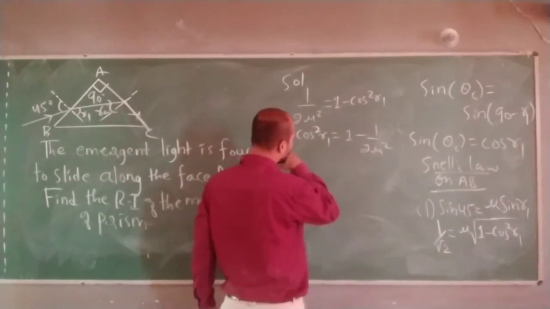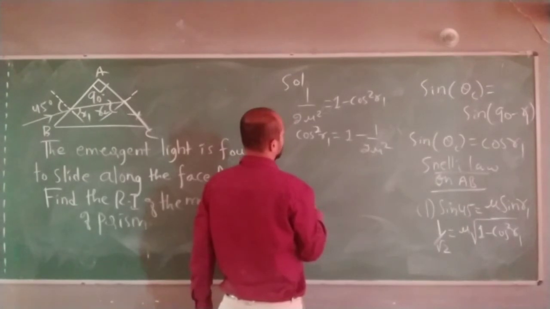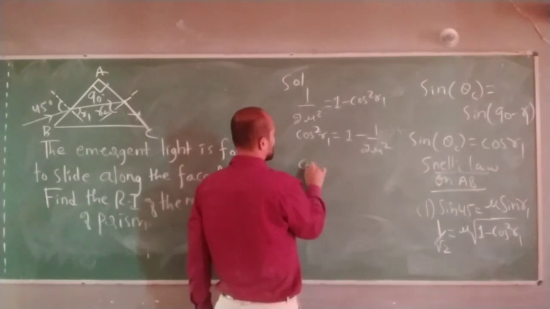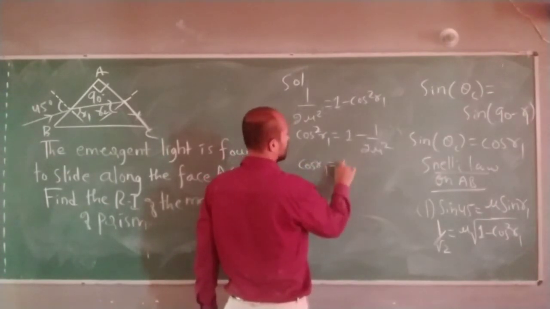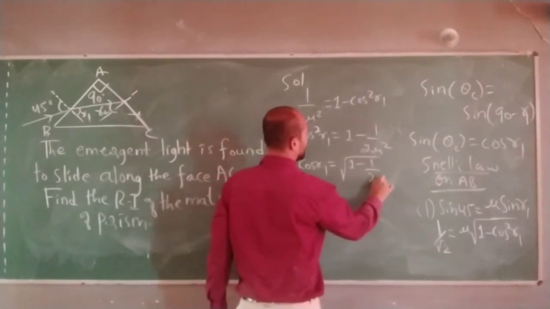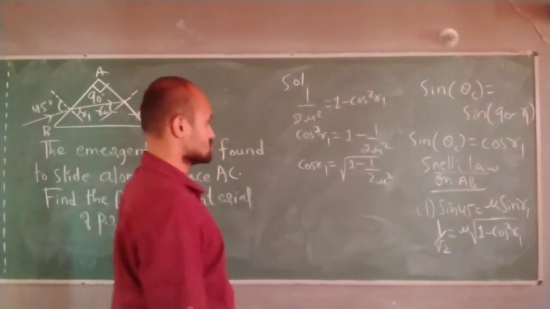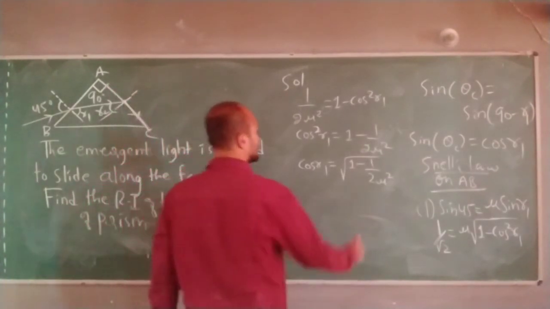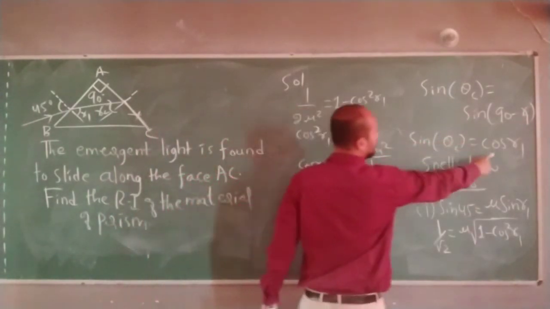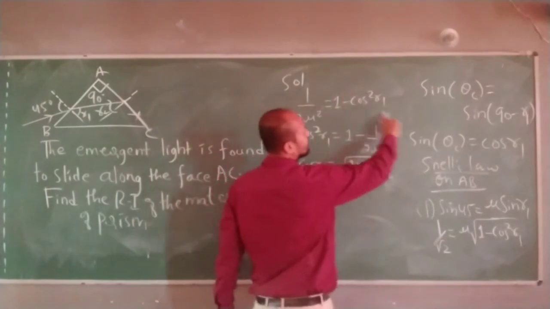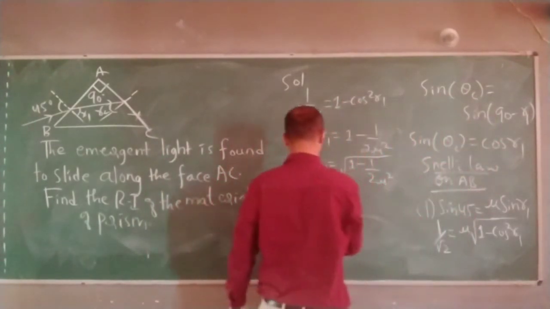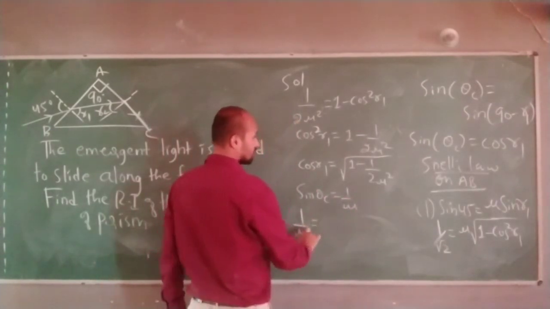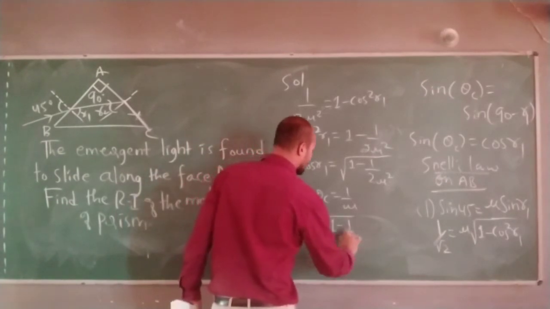If I take root, cos r1 is equal to root of 1 minus 1 divided by 2 mu square. Are you understanding? So cos r1 value I know. Sin theta C is 1 by mu. So 1 by mu is equal to root of 1 minus 1 divided by 2 mu square.